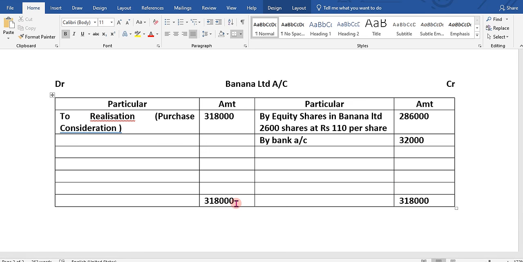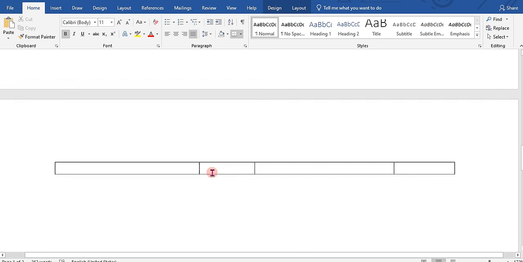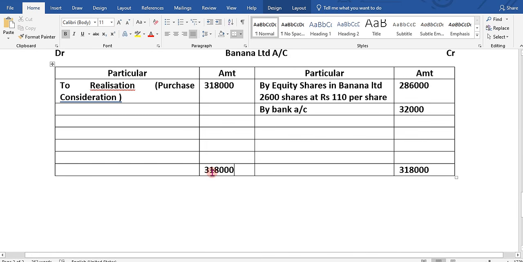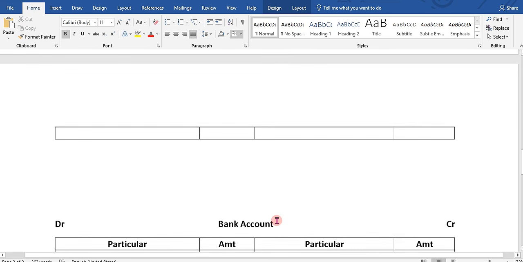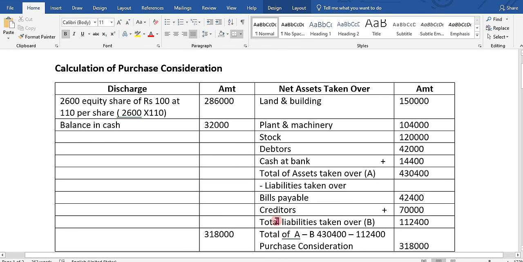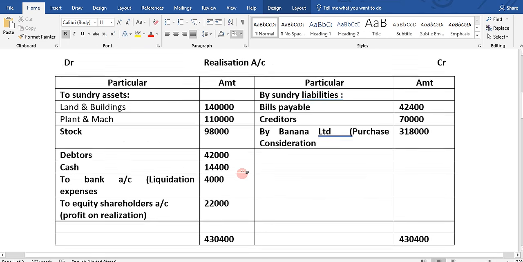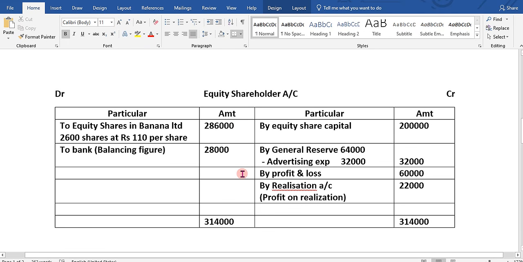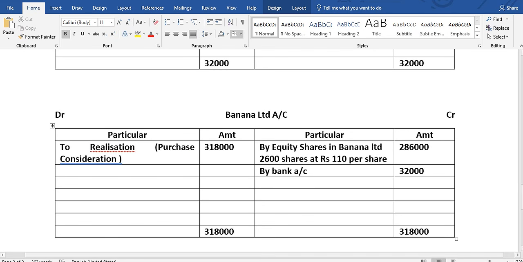So here all the accounts of realization, equity shareholder, bank account and Banana Limited account are tallied. In absorption, first of all you have to prepare calculation of purchase consideration, and afterwards realization account, equity share account, bank account and Banana Limited account.